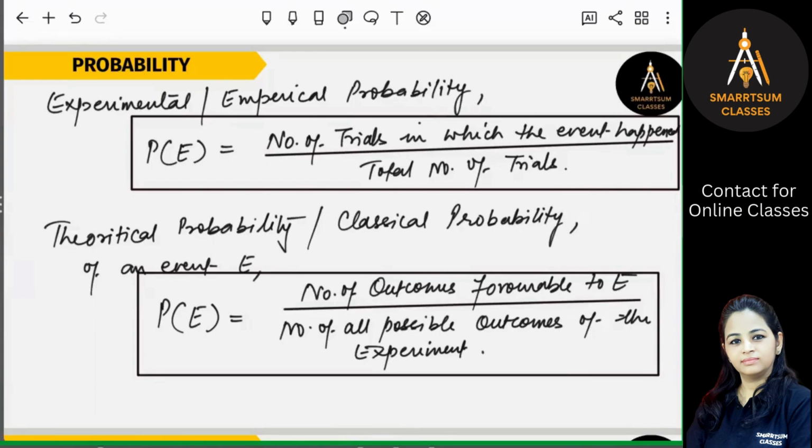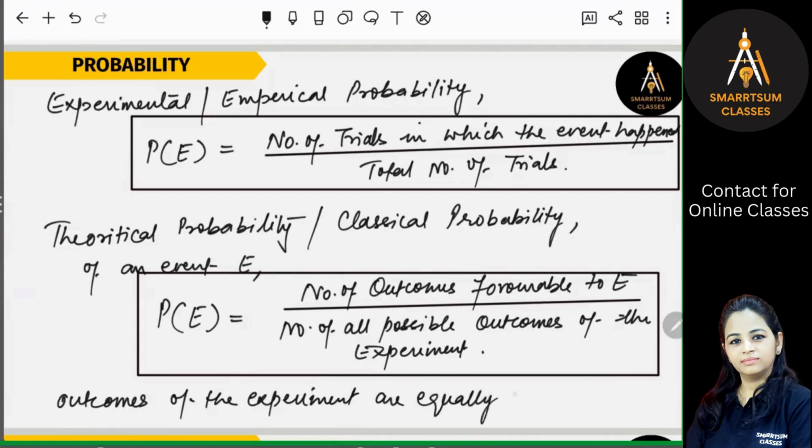When we are talking about the theoretical or classical probability, what are we assuming? We are assuming that the outcomes of the experiment are equally likely.